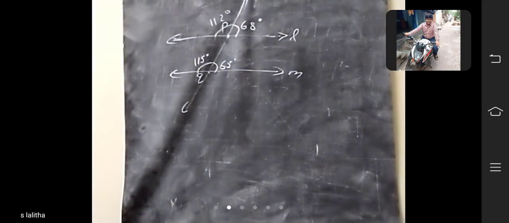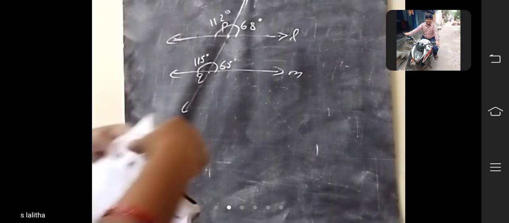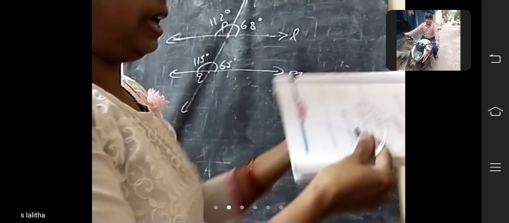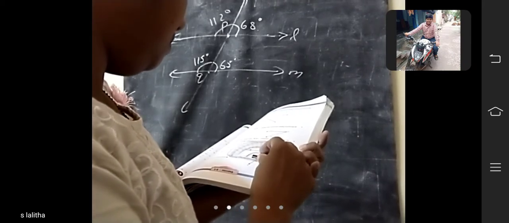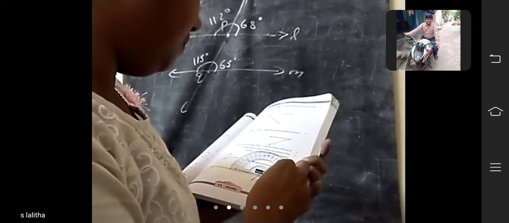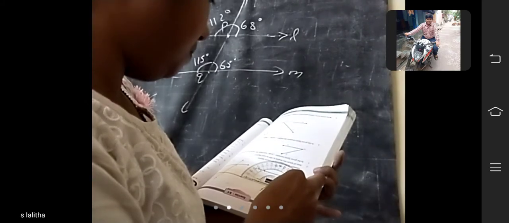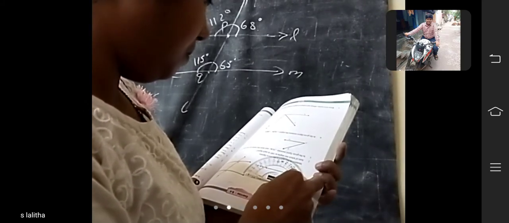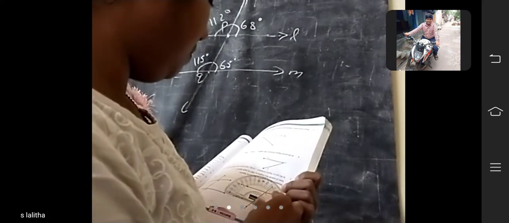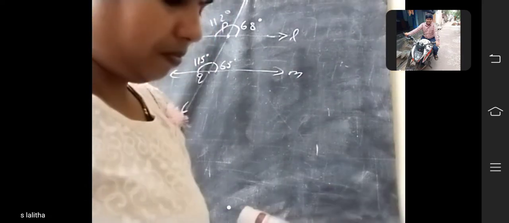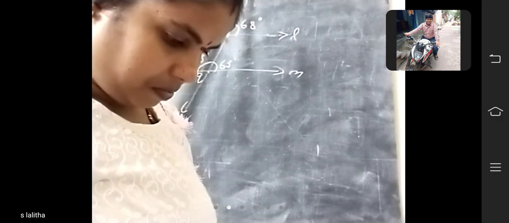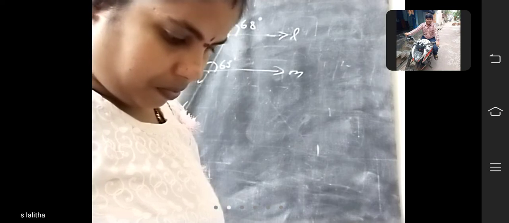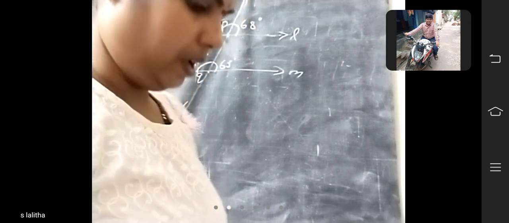Now reverse the book and again measure here. Reverse the book and measure. How much is it? 68.